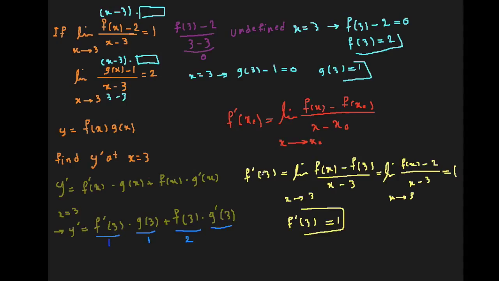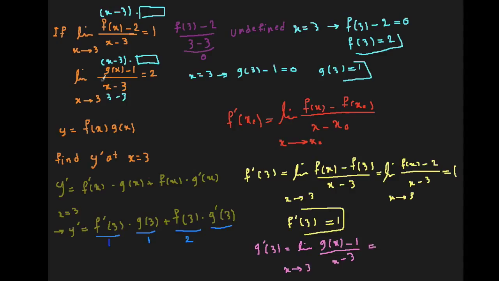And now we can do the same thing for g prime of 3, the derivative of g at point 3. So the limit of g of x minus g of 3, which we already found is 1, over x minus 3, where x approaches 3.